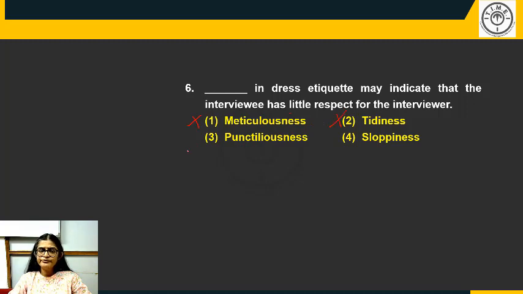No. Punctiliousness means punctuality. Okay, being on time, being very prompt and punctual. Does that mean careless? No. Sloppiness. Yes. Sloppiness is carelessness. Okay, being shabbily dressed, not taking care of your grooming is called sloppiness. So, option 4 is the answer we are looking for.